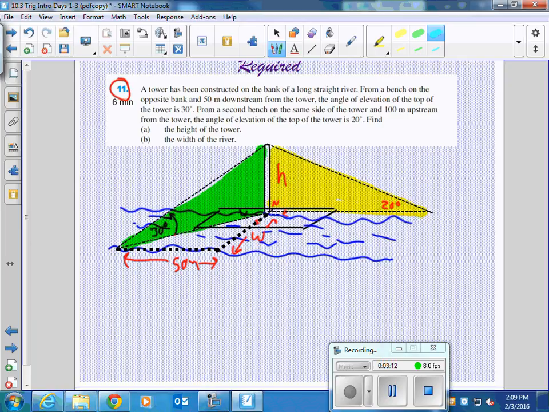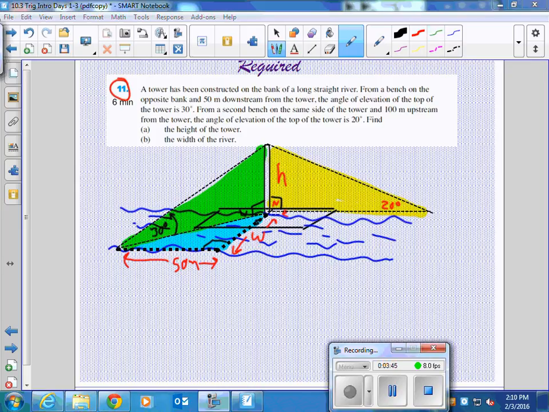I see the green, I see the yellow one, but where's the other one? Yeah, this one right here. This is one of the triangles that we're actually going to be using. Okay, so then we're ready to start looking for relationships. I'm going to give you a hint. These are 90, this is 90, and then there's one more 90. It's right there. See if that helps.